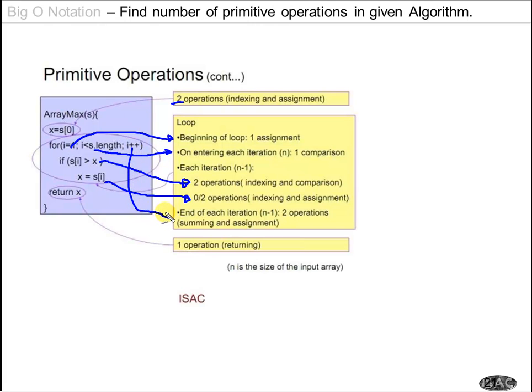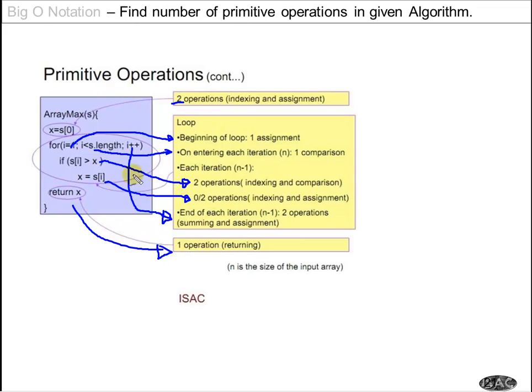So i++ is 2 primitive operations. i++ is nothing but i equals i plus 1. So i plus 1 is 1 primitive operation, and i equals is 1 primitive operation. So that is 2 primitive operations. And in the end there is one final return, which is just 1 primitive operation. So this is the way you calculate primitive operations in a given source code.